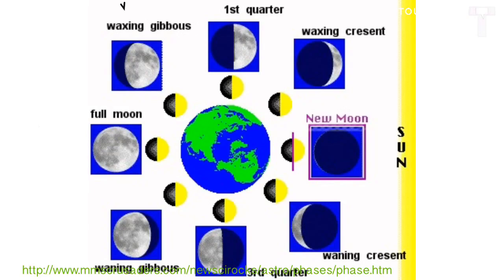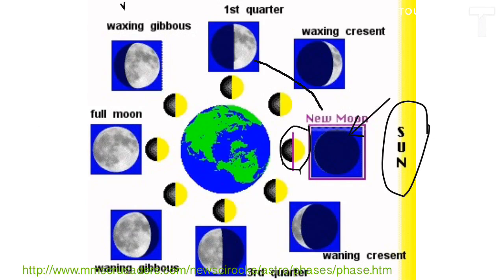Here's another figure. I know it looks really similar to the one that we just looked at, but it is different because this time the sun's on the right, which lets you know it's a different time of year. Once again, our lunar cycle starts with the new moon, which is when the moon is directly between the sun and the earth. But it looks like to us there's no moon in the sky.